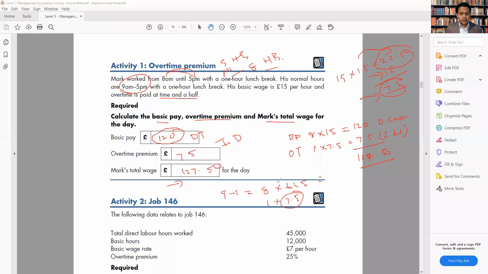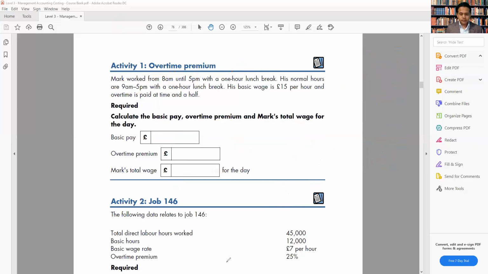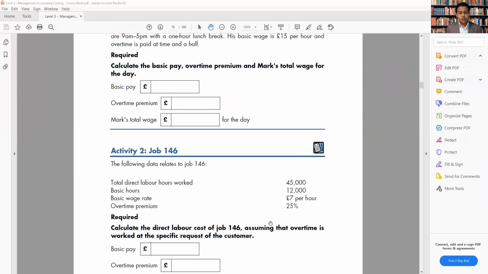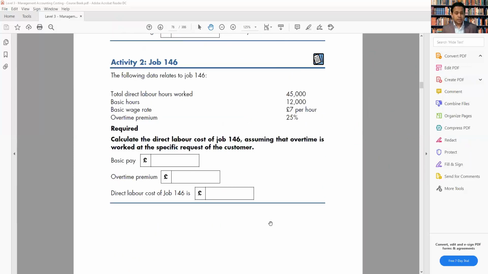Let's start with the next activity we have. Let's try activity 2. This one is about job 146, which means this question is relevant to one specific job.